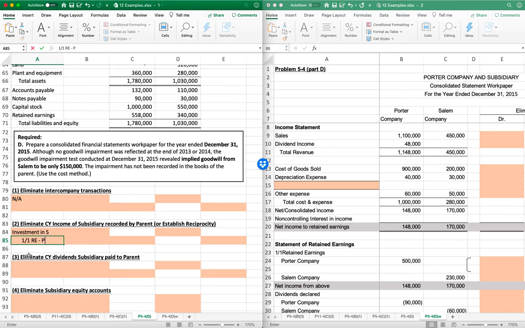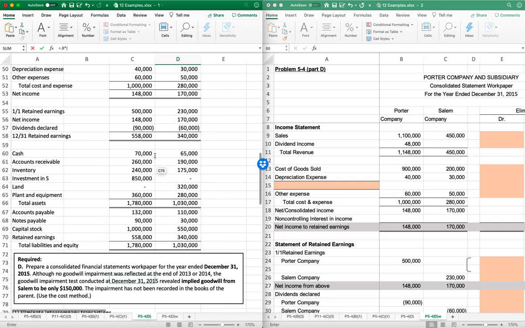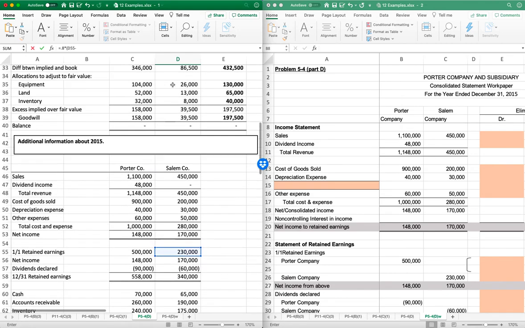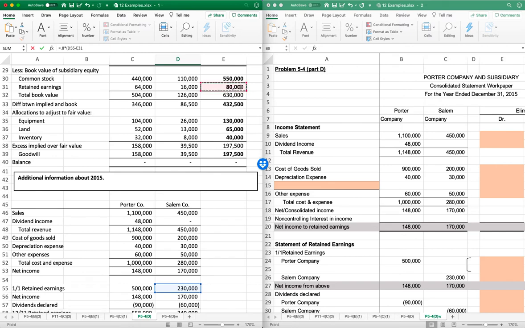Now, if for some reason the retained earnings of the subsidiary had decreased since acquisition, we would switch our debit and our credit here. Our actual amount is going to be our share. So in this case, we have an 80% share of the change in retained earnings. So we want to know from the beginning of the current year minus what it was on the date of acquisition, which we'll always be able to find in our computation and allocation of differences schedule.